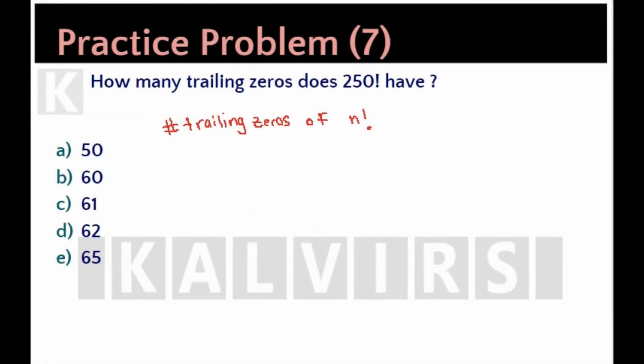How many trailing zeros does 250 factorial have? In order to find the number of trailing zeros 250 factorial has, we must apply the following formula.